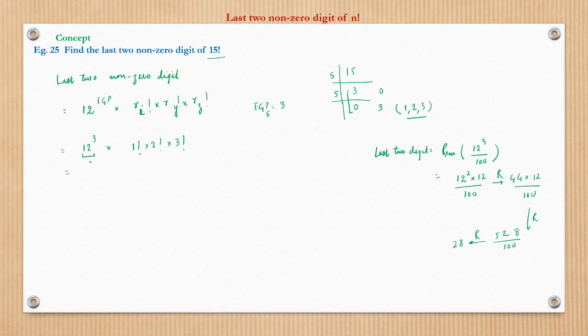So the last two digits of 12 raised to power 3 would be 28, into 1 factorial which gives 01, 2 factorial which gives 02, and 3 factorial which gives 06. We retain two digits because we have to find the last two digits. So it boils down to 28 into 12.